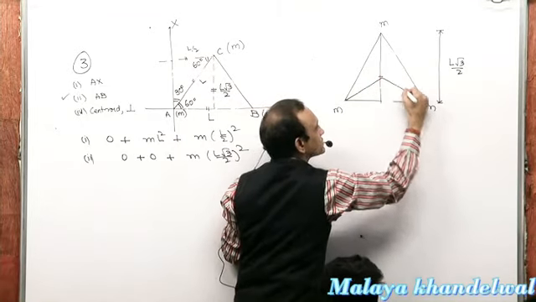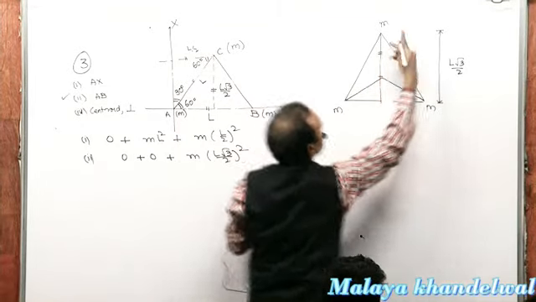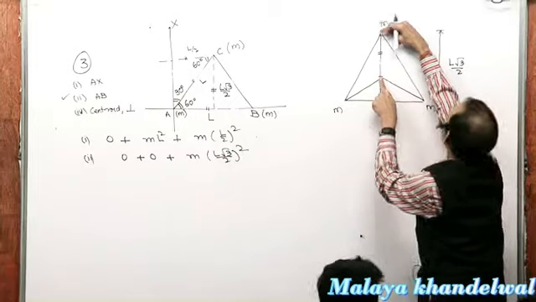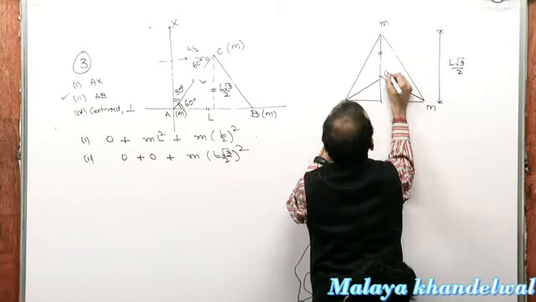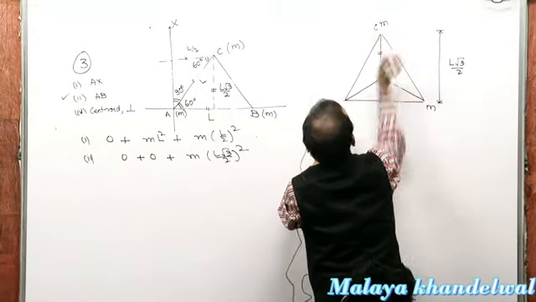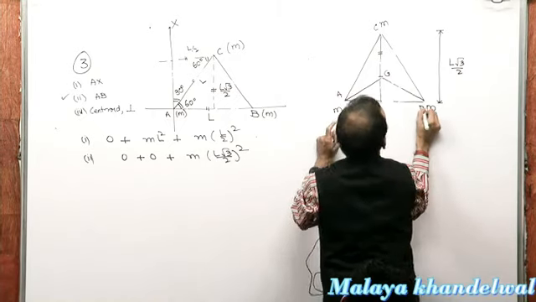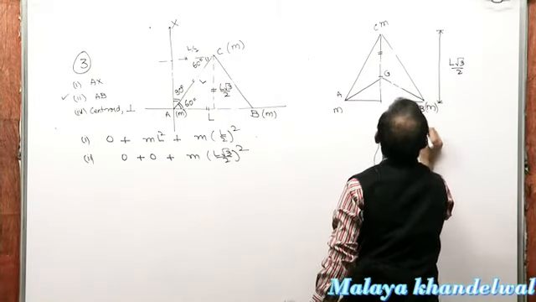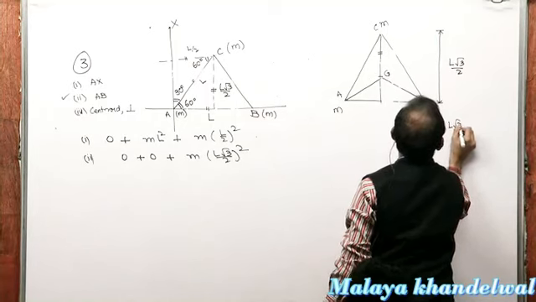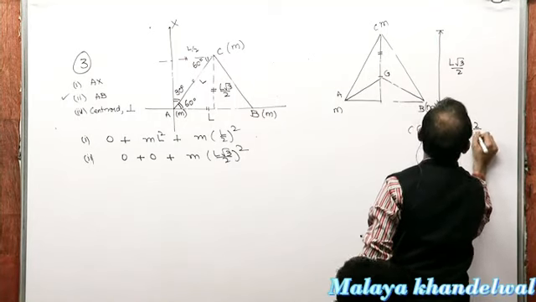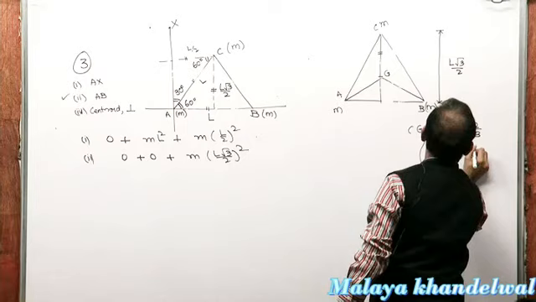This is the centroid. What is this? This will be 2/3 of L root 3 by 2. So what is CG? CG is L root 3 by 2 into 2/3, right? So L by root 3.